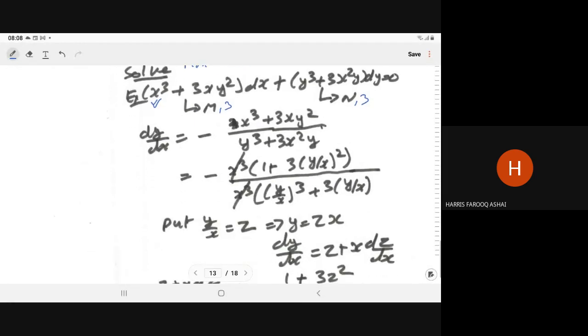If you take x cube common from the numerator and denominator, inside we have 1 plus 3 (y upon x) whole square, and in the denominator (y upon x) cube plus 3 y upon x.